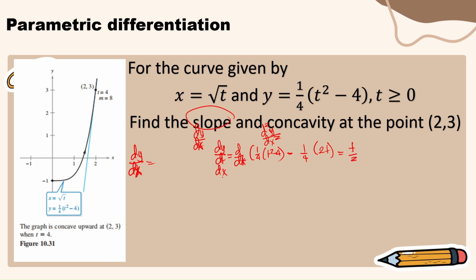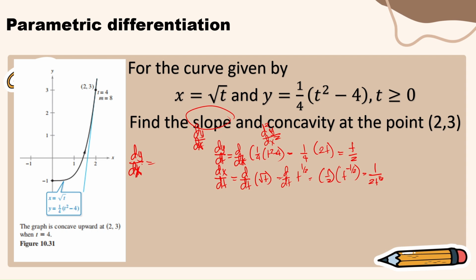While our dx over dt, which is napaka-importante kapag higher order derivatives kasi lagi lang siyang magiging denominator, will be d over dt of square root of t. Or that will be d over dt of t raised to 1/2. And the derivative of t raised to 1/2 is equal to 1/2 times t raised to negative 1/2, or simply that will be 1 over 2t raised to 1/2.